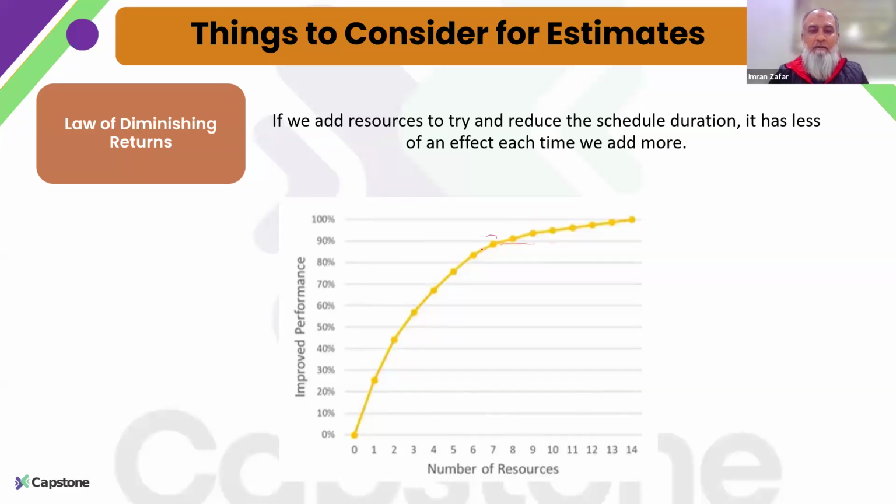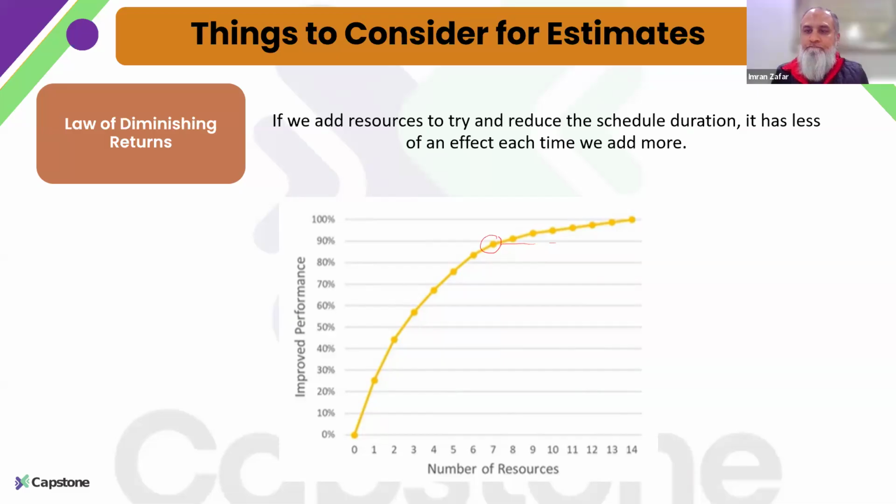So you need to find the optimal point where you can get the maximum efficiency, rather than keep on adding resources. Maybe they can start hindering each other's work. It may increase some risks, some rework related things.